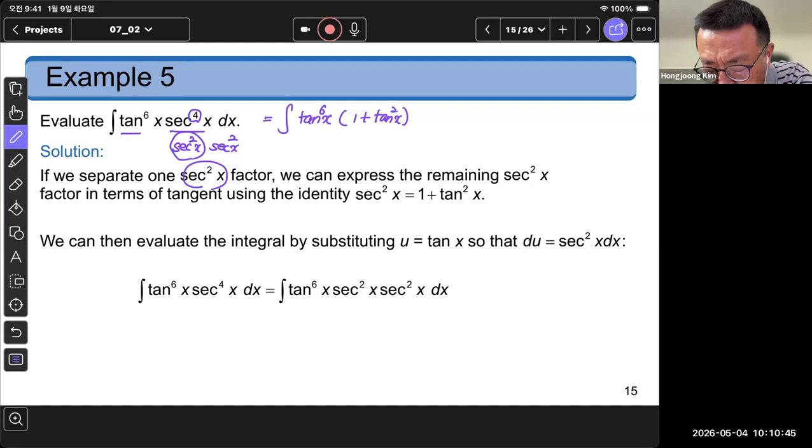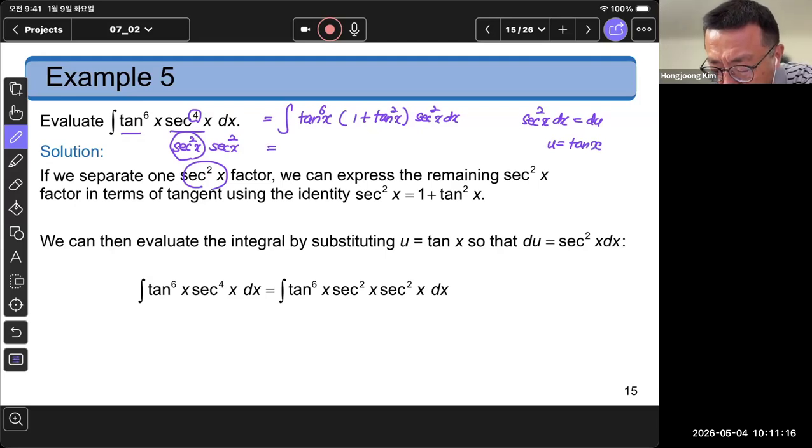And then the other secant x squared dx is the derivative of tangent x, so that will be du if u is introduced for tangent x.